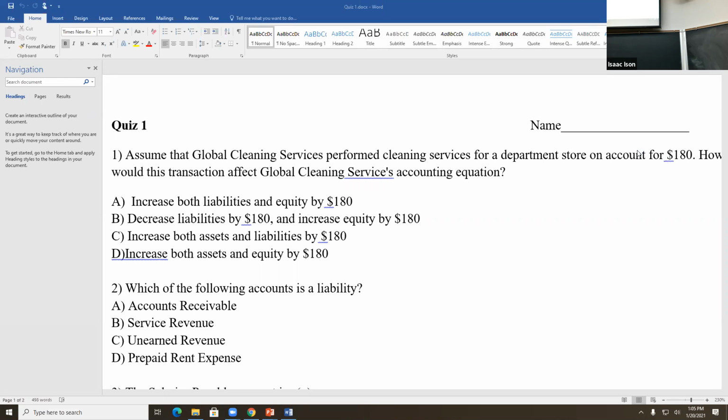Assume that Global Cleaning Services perform cleaning services for a department store on account. How would this transaction affect Global Cleaning Services' accounting equation? So I guess the question is, how did you keep it straight?